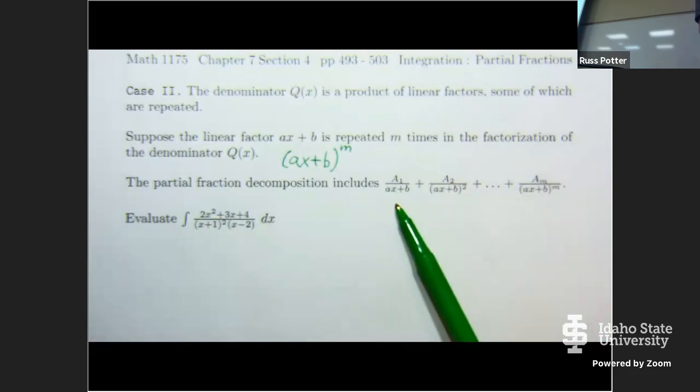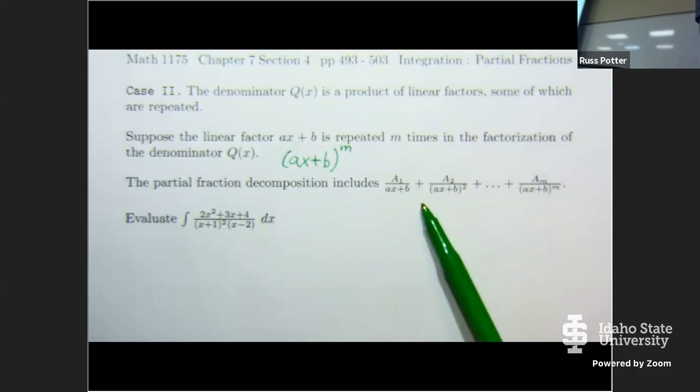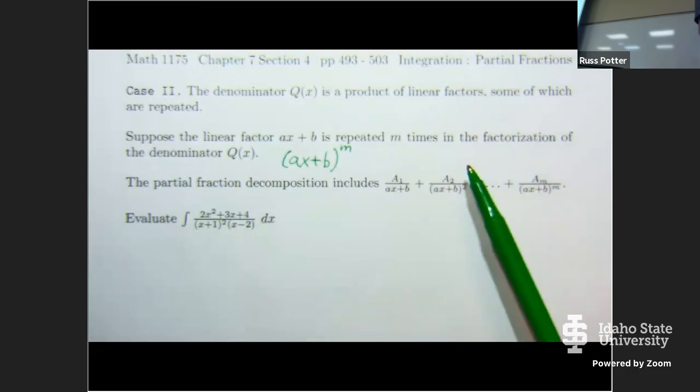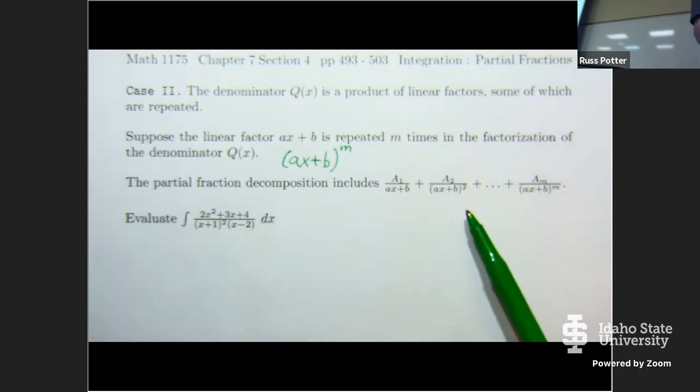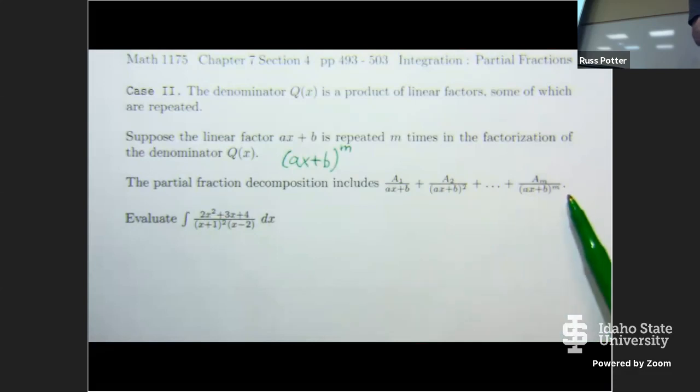The first partial fraction is a sub 1 over ax plus b. The next one is a sub 2 over ax plus b to the second, and so on. And the very last partial fraction, a sub m over ax plus b to the m.